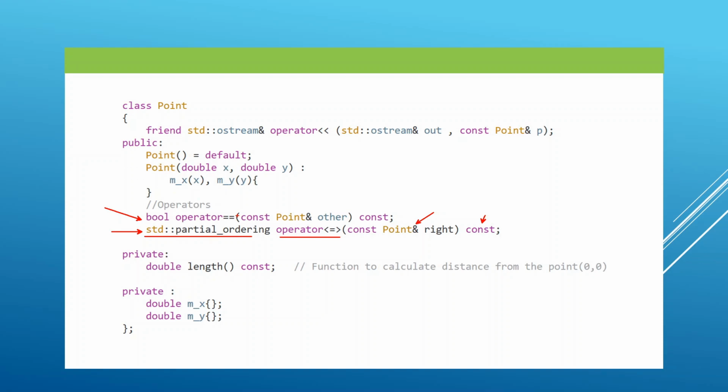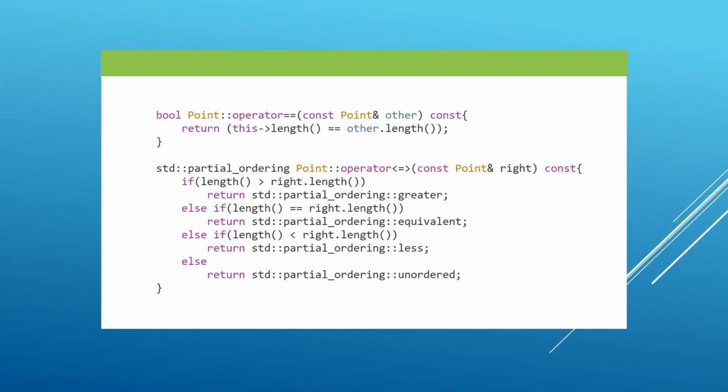So once we have this set up, we can put in our implementation. In our point implementation, we want to compare points based on the length or the distance from the origin point. Again, if we consider a Cartesian coordinate system, we have an x-axis, which is horizontal. We have a y-axis, which is vertical.